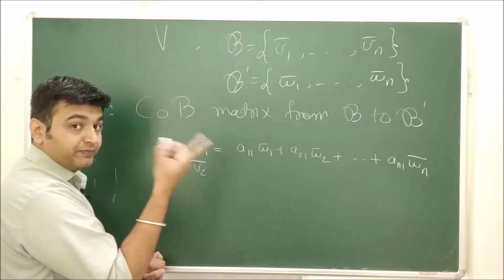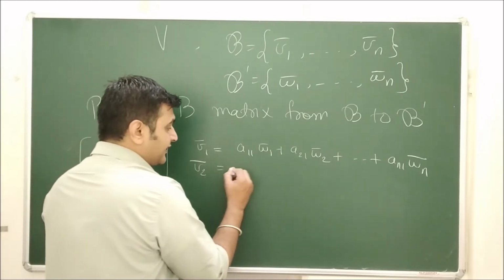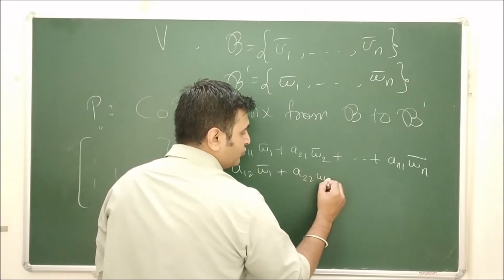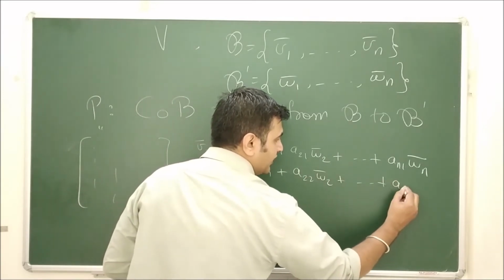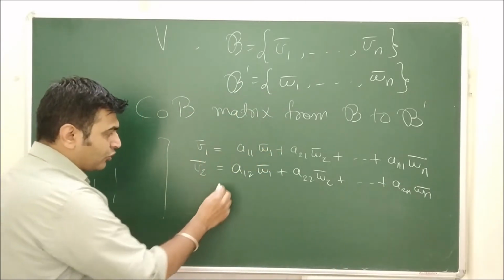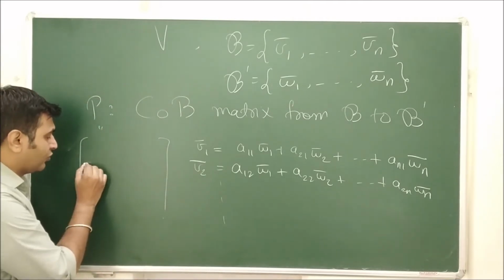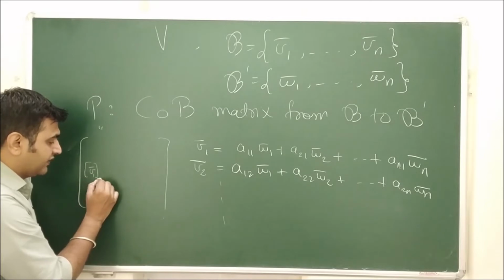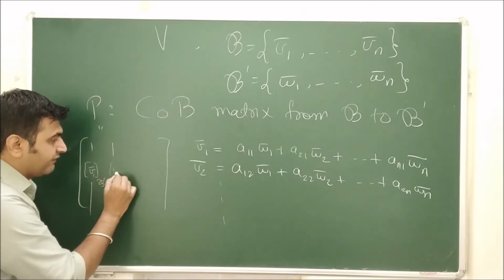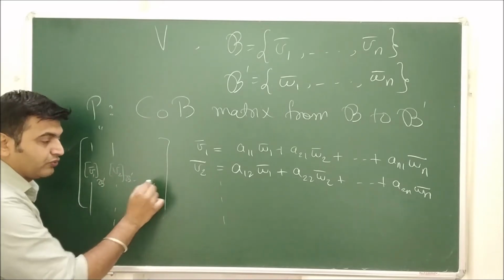I am going from B to B prime, that's why I am writing here the vectors of B. Again the same thing, a12 w1 plus a22 w2 and so on. You can do this because it's a basis, so you can always do this. And then the first column will be the coordinate vector of v1 with respect to B prime. The second column will be the coordinate vector of v2 with respect to B prime, and you keep on doing this.